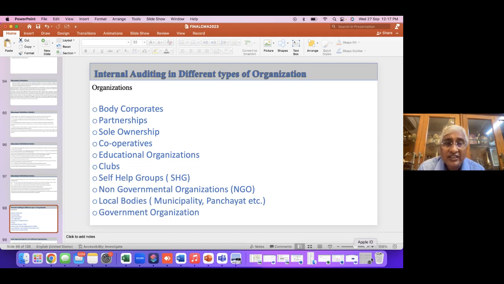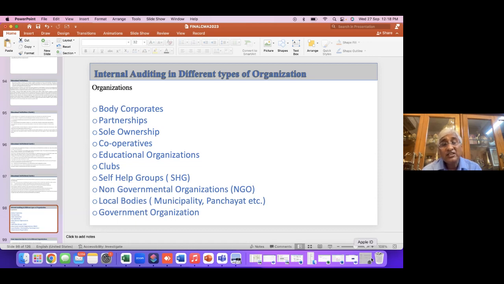Educational organizations, again similarly, the organization structure, that what sort of organization it is. It's a private educational institution, it's a government organization, or it is in co-method, a partnership of government and private. So what sort of educational organization it is?